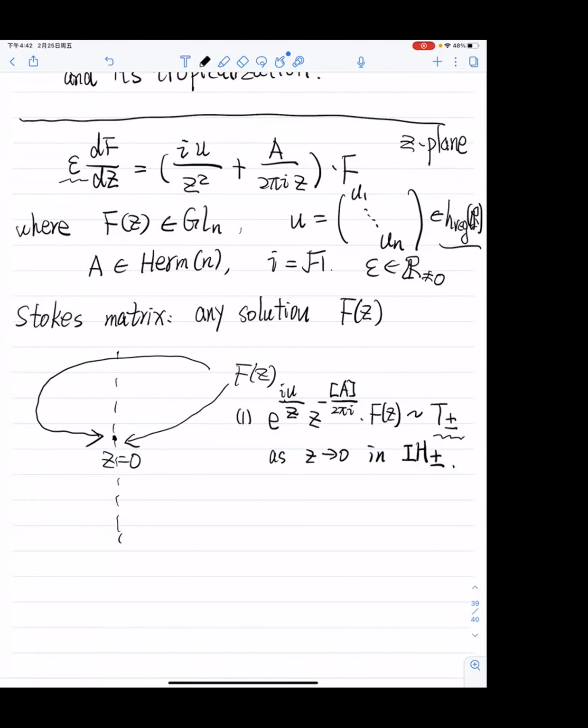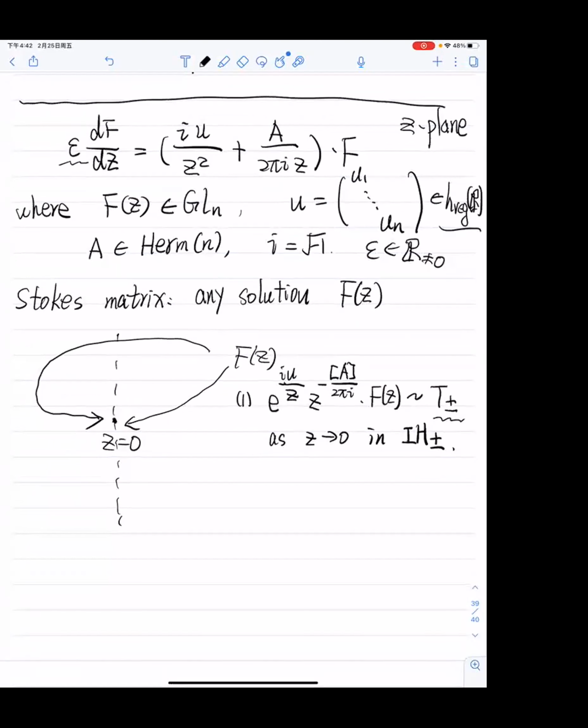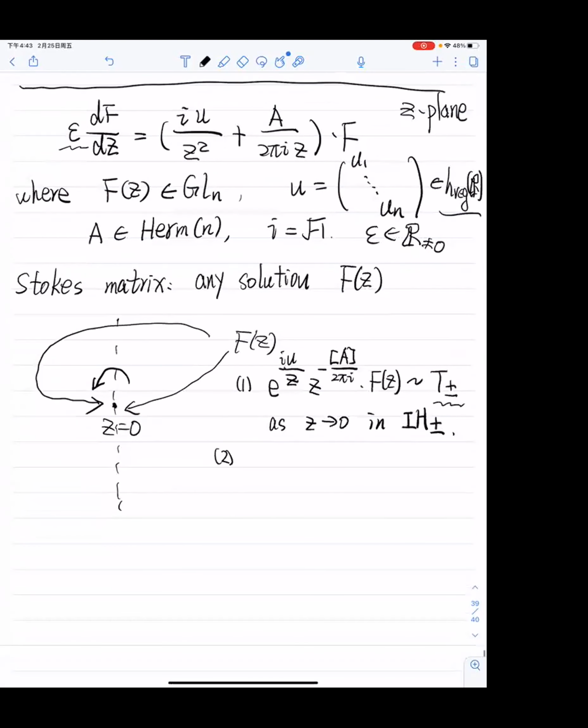Then we can compare the difference of these asymptotics to measure the jump of this function F(z) near this essential pole. We can measure this difference of asymptotics by introducing the Stokes matrix.